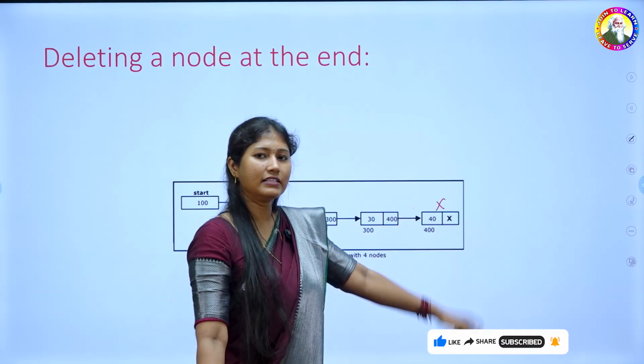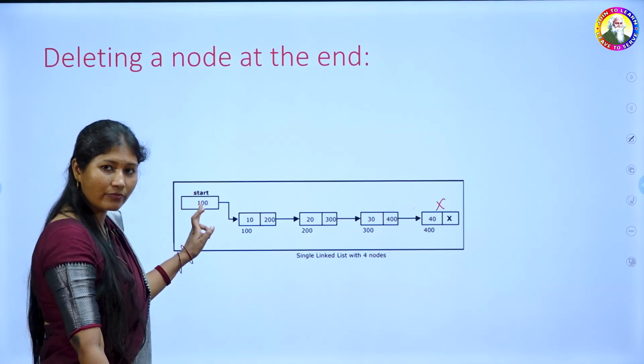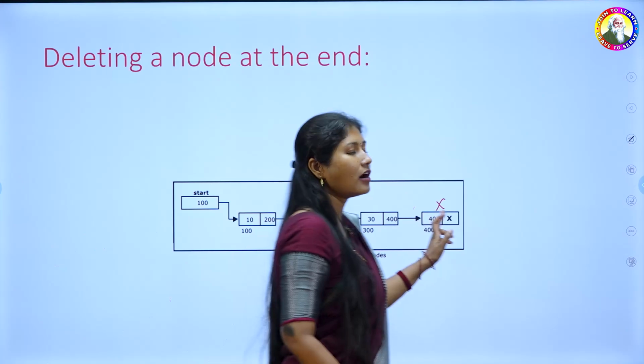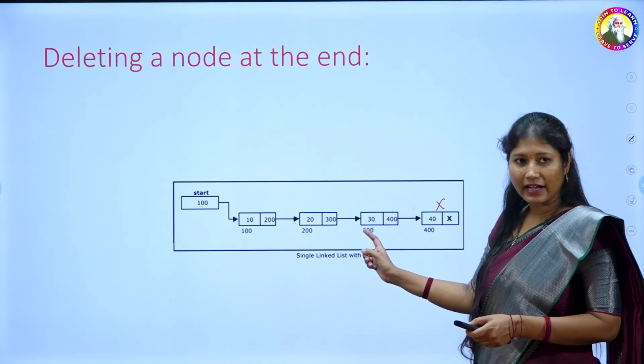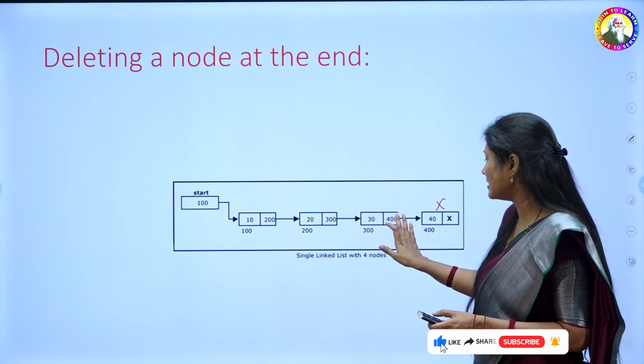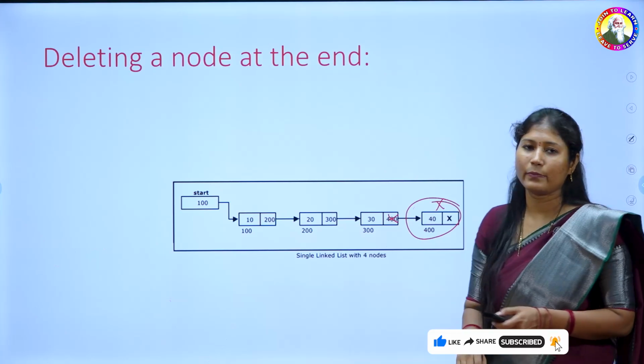Now I need to delete this one. For that purpose, first we need to start moving from the beginning and reach up to here. After reaching here, come one step back and change this address to null. After that, I can deallocate the memory.